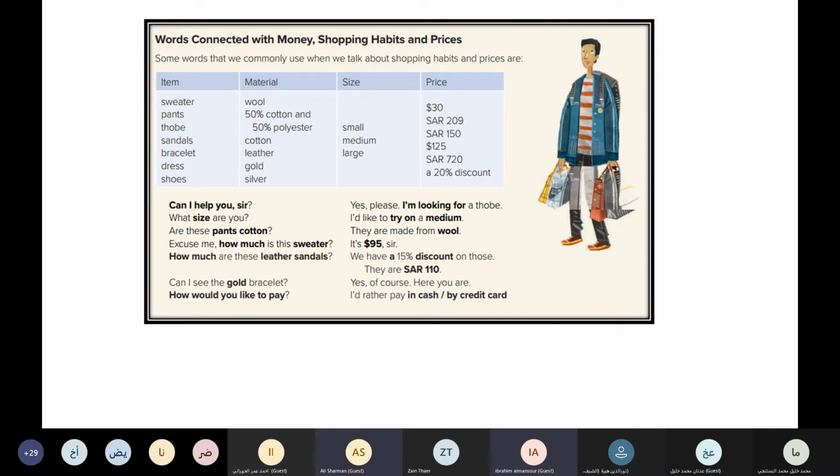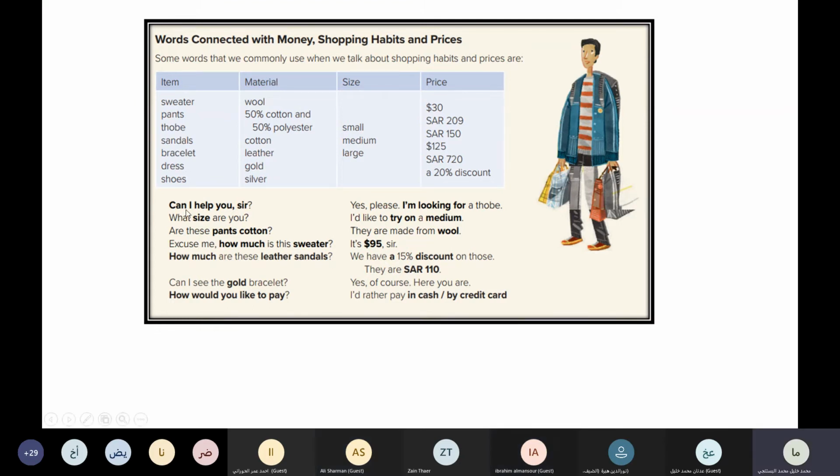They are made from wool. Excuse me. How much is this sweater? It's $95, sir. How much are these leather sandals? We have a 15% discount on those. They are 110 riyals. Can I see the gold bracelet? Yes, of course. Here you are. How would you like to pay? I'd rather pay in cash or by credit card. Good. Thank you very much.